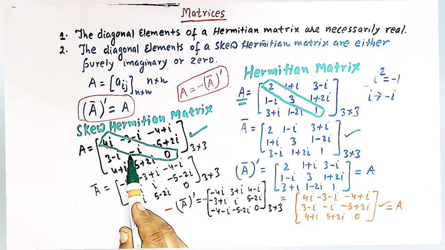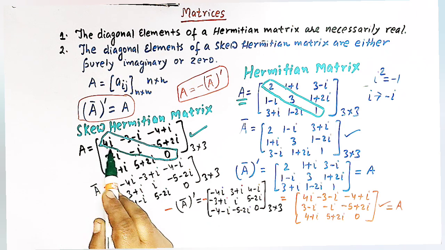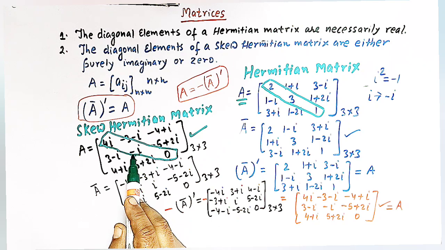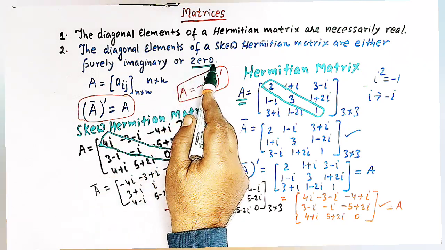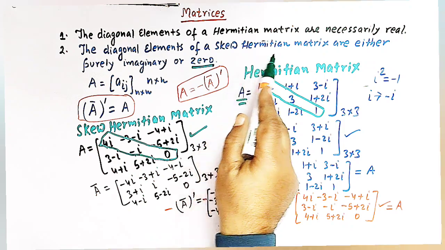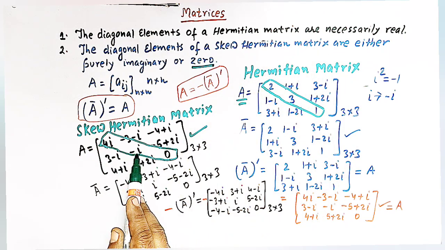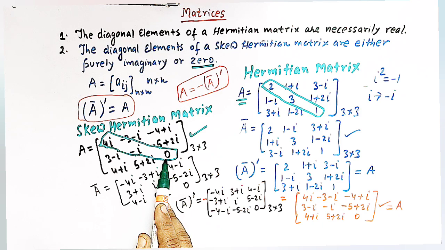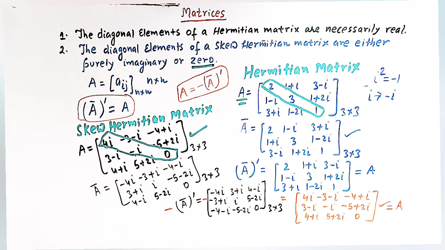So 4i and minus i are purely imaginary numbers. These two numbers do not contain the real part, right? Or the diagonal elements may be 0, right? So here we have this element as a 0. So the diagonal elements of a skew Hermitian matrix are either purely imaginary or 0, right? So let us prove these two results one by one.